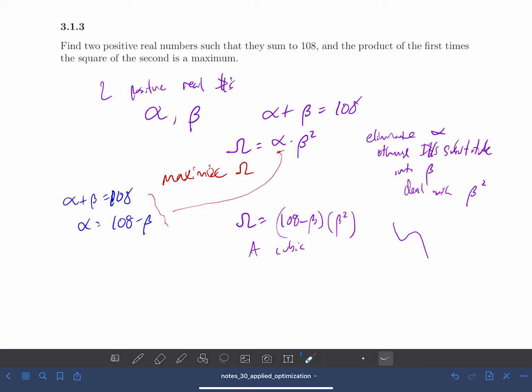Why does it look like that? Because I have this minus right here. So the leading coefficient is less than 0, so it looks like that. If it was bigger than 0, it would go like that. Note that omega of 0 equals 0.